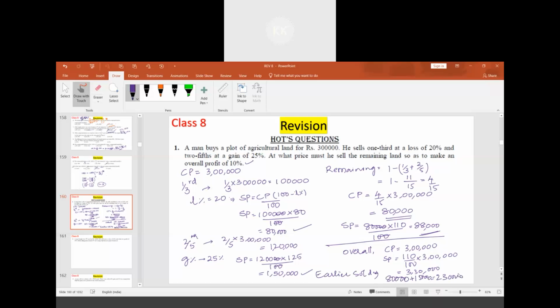From 3,30,000, I need to subtract 2,30,000. We get 1 lakh only. So 1 lakh is the answer. He has to sell it for 1 lakh so that he gets an overall profit of 10%.